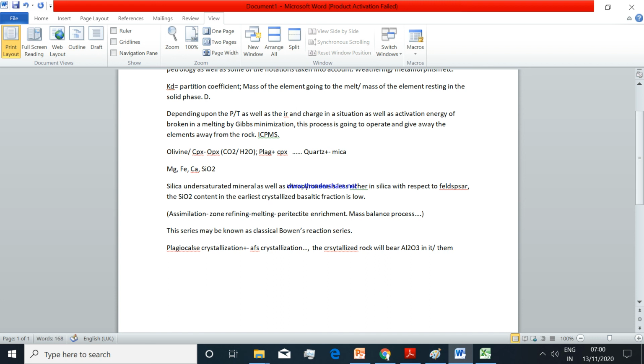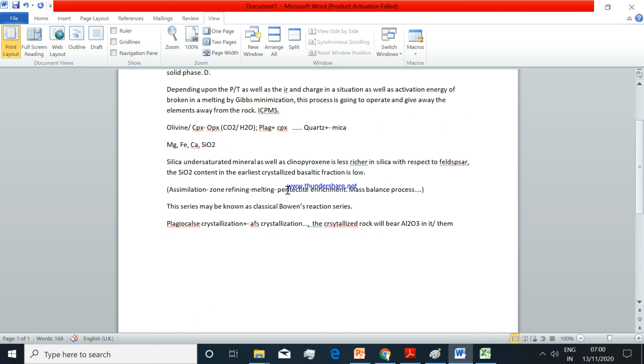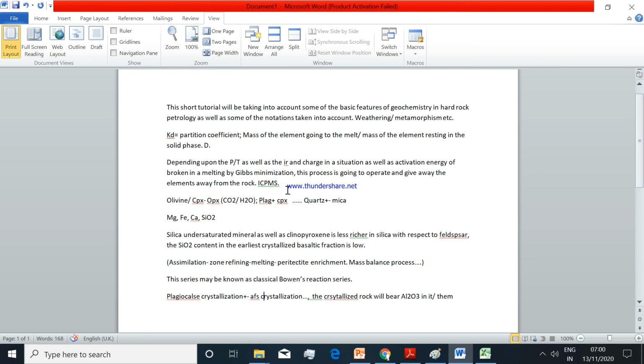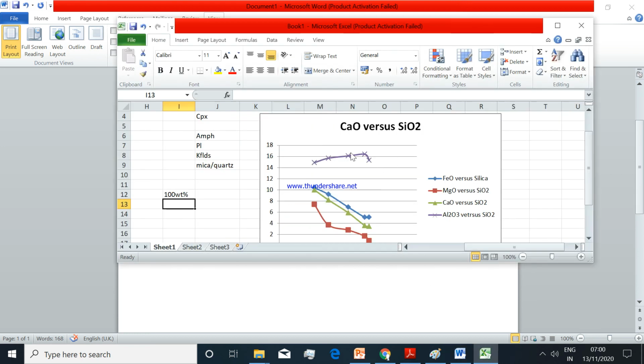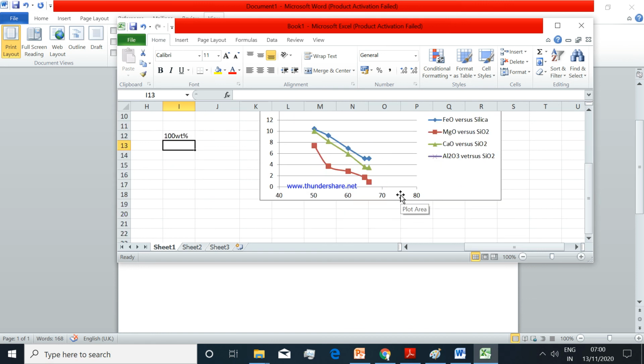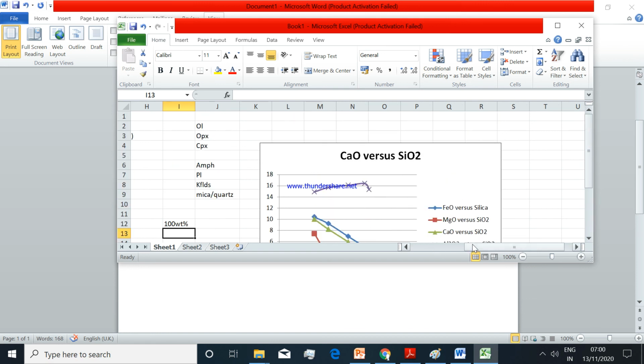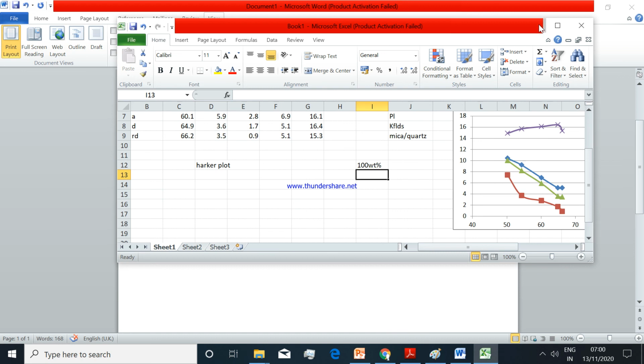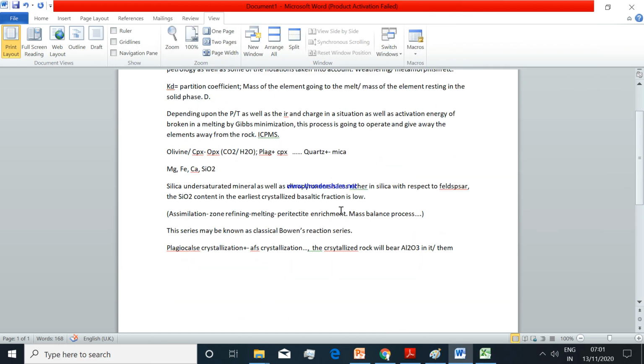Now this is how the thing is going to work. That's why there is a notch in the aluminum oxide trend, because of the sequence, in a classic example like we are observing right now. Now this will be the end of part 1 of this video.